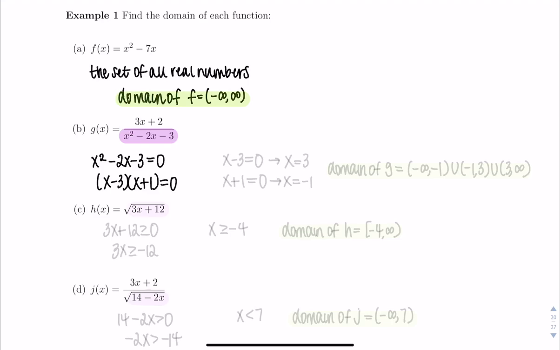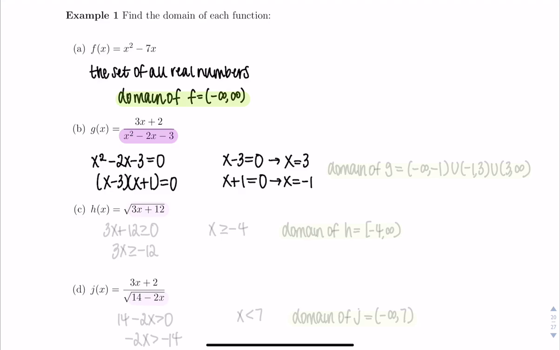And so setting each piece equal to 0, you get x minus 3 equals 0 and x plus 1 equals 0. So we get x equals 3 and x equals negative 1. So those are the two values of x that we are not allowed to have.